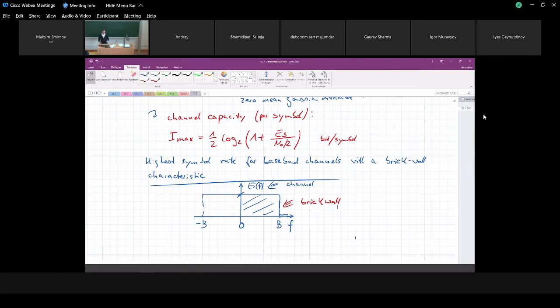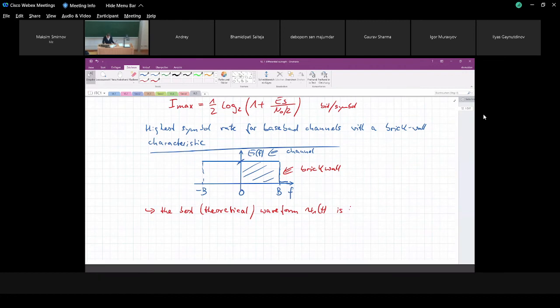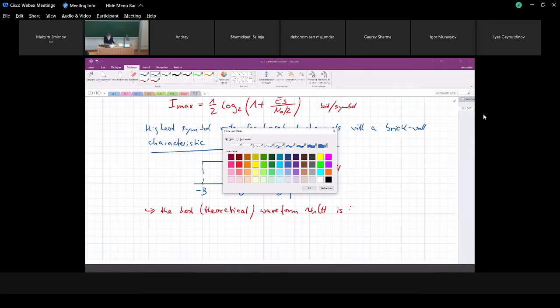And then the best waveform, which allows the highest transmission rate, is the best theoretical. Cannot approach this in practice. Waveform C1 of t is, for this channel, let's take a look, switch to blue, looks like this.